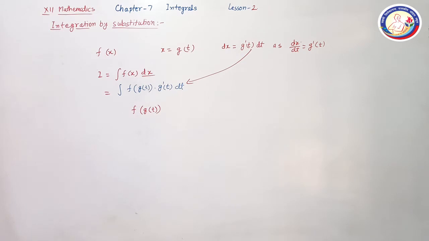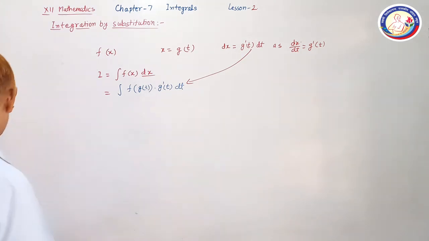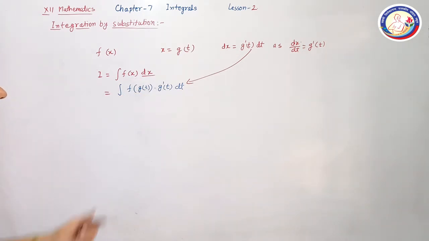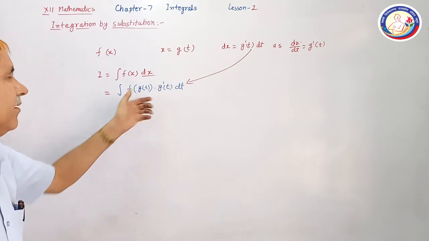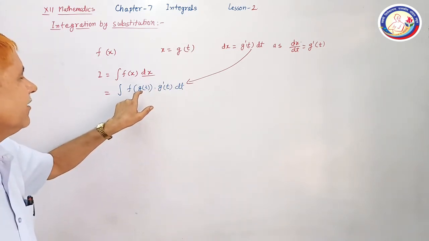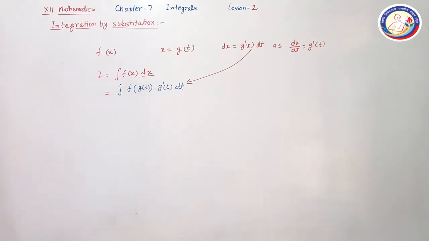So when will we use substitution? The first impression is looking towards this formula. If in a function we make two parts and one part is the derivative of another function, then we will use this substitution method.